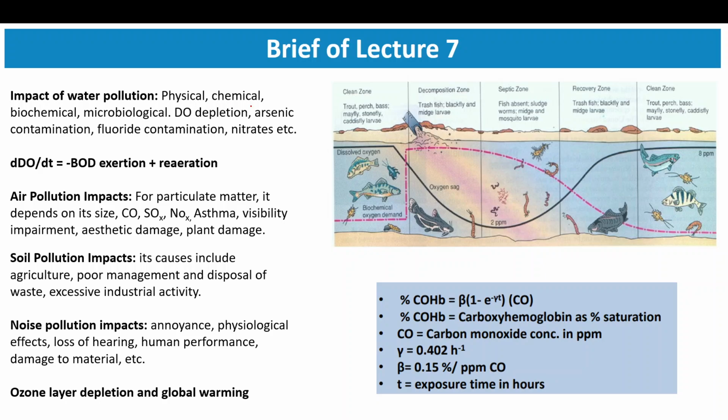So there could be some different impacts. For example, DO is dissolved oxygen. So water has its inbuilt dissolved oxygen concentration, and that oxygen is used up by the aquatic organisms which are present in the water bodies.